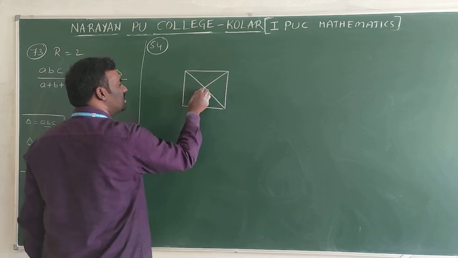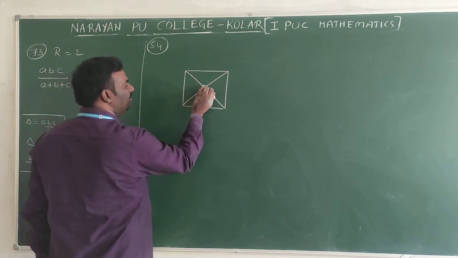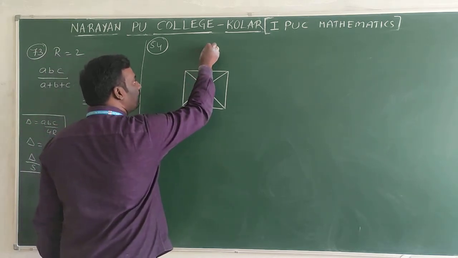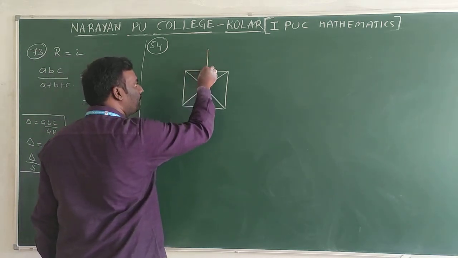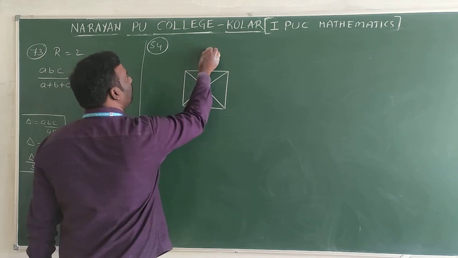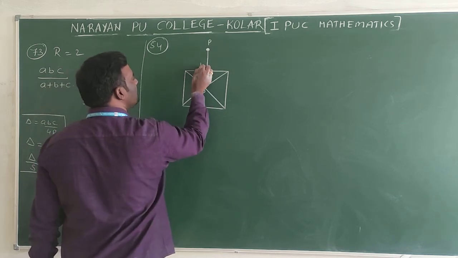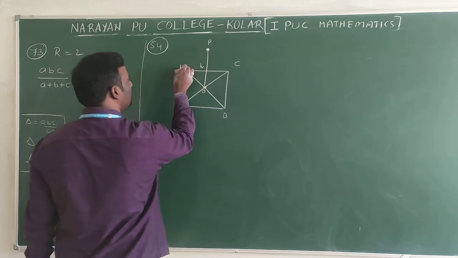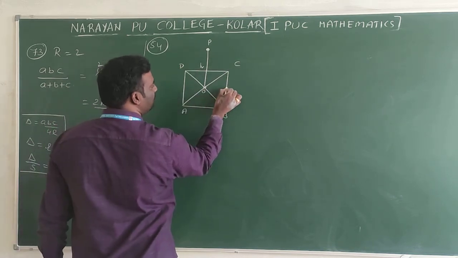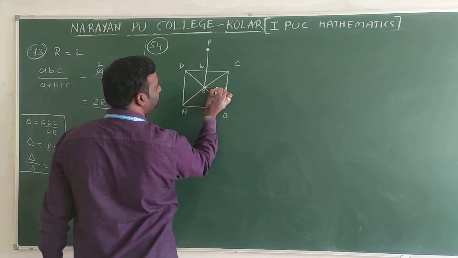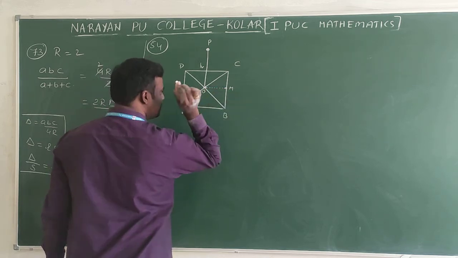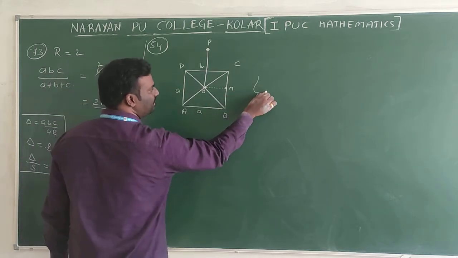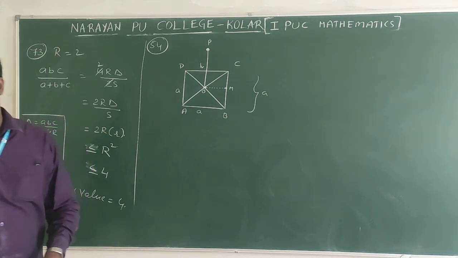The point of intersection of the two diagonals is the center, this is center O. Here this height is h. Now here A, B, C, D. This is M, the midpoint. I can take all sides as a. All sides are equal.